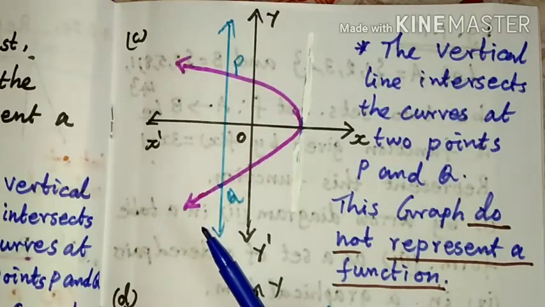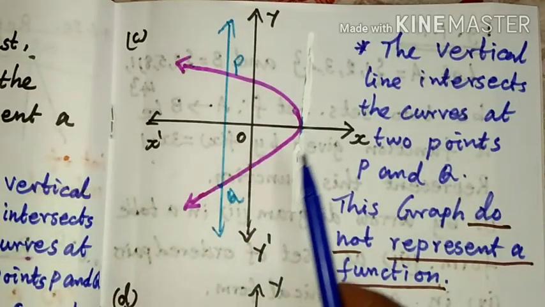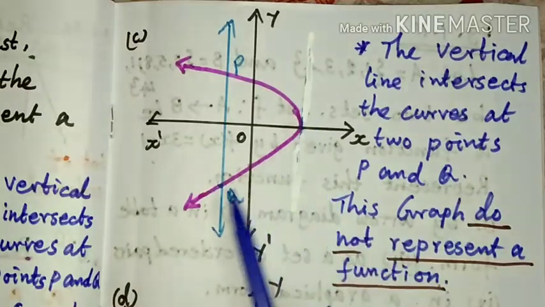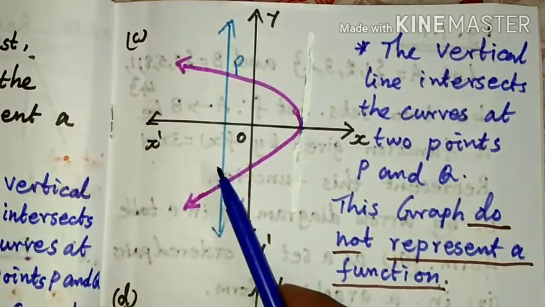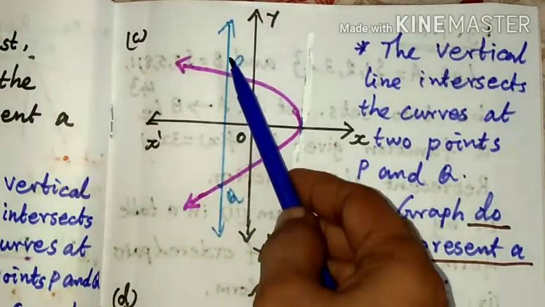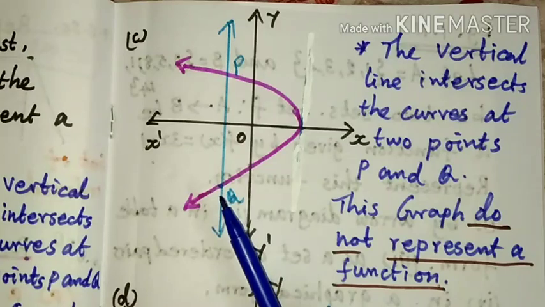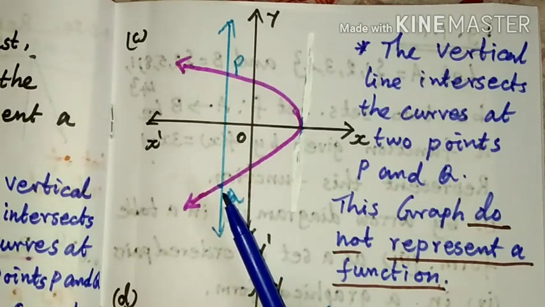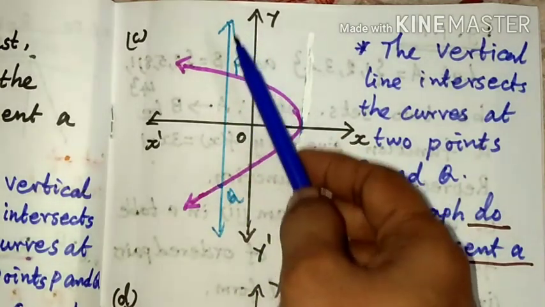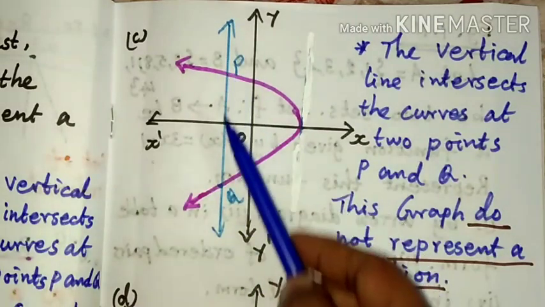The third subdivision, see, this is a curve graph. The vertical line intersects at 2 points P and Q. Then say whether it is a function. No, because the vertical line cuts at 2 points.